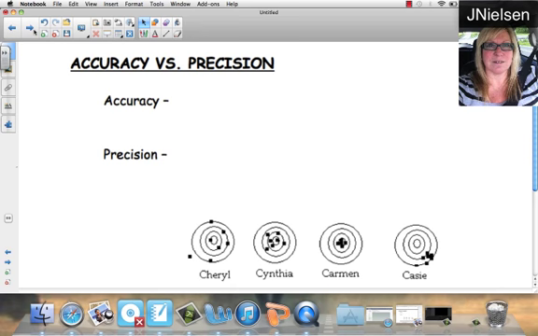So what is the difference between accuracy and precision? Well, accuracy is how exact we are, the closeness to a desired value.